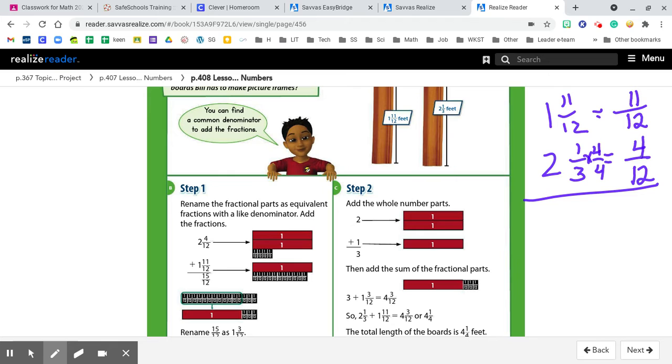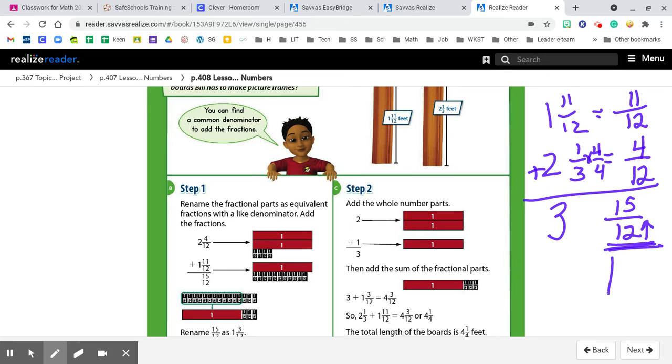So now when we add our fractions, we have 3 and 15/12. And remember, 15/12 is an improper fraction. The top number is bigger than the bottom number, which means I have more than one whole. And so if you use my strategy, you take the denominator, jam it up into the numerator.